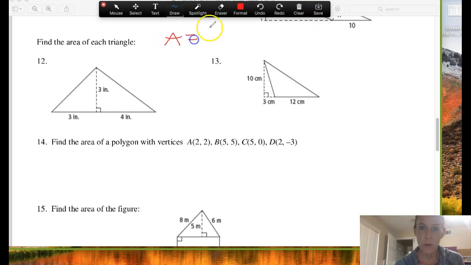Let's do number 13. I'm going to clear that off. Once again, it's a triangle, 1/2 base times height. Okay, your base. Now don't include this in your base. This is just this distance right here. It's not in your triangle. This height is 10. It's perpendicular to the imaginary extension, excuse me. But the base here is just this piece. So don't include that.